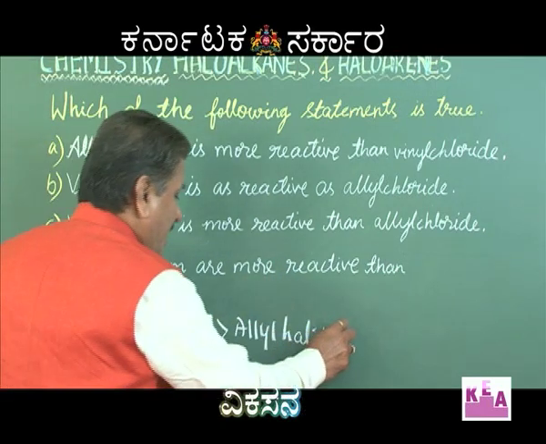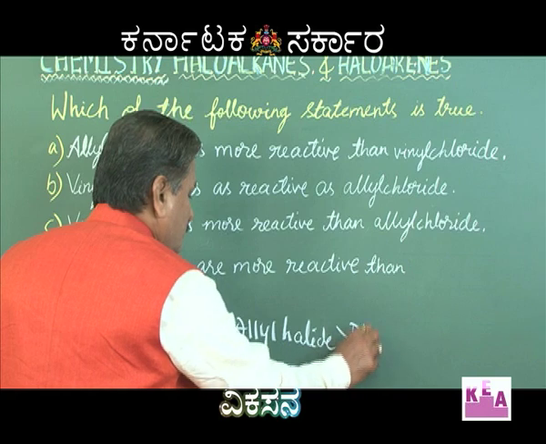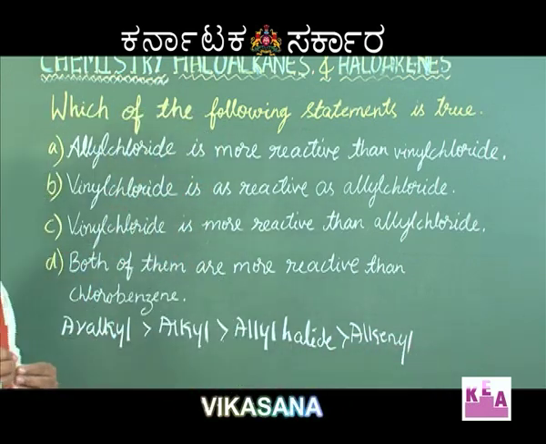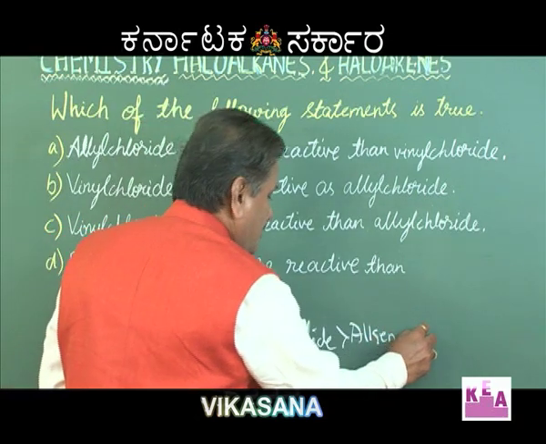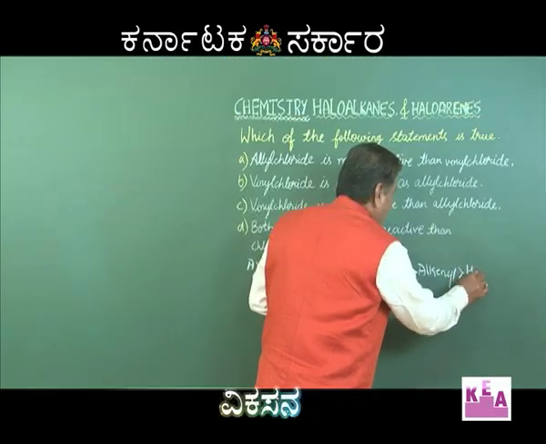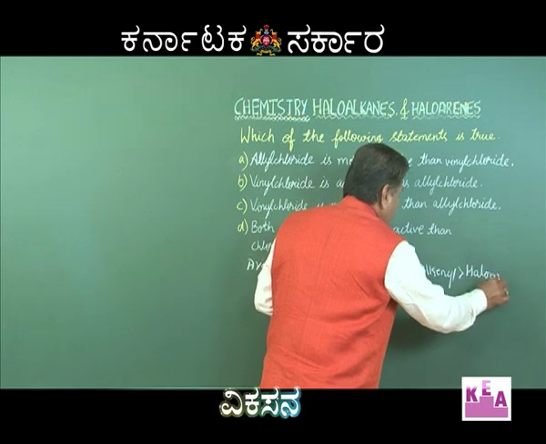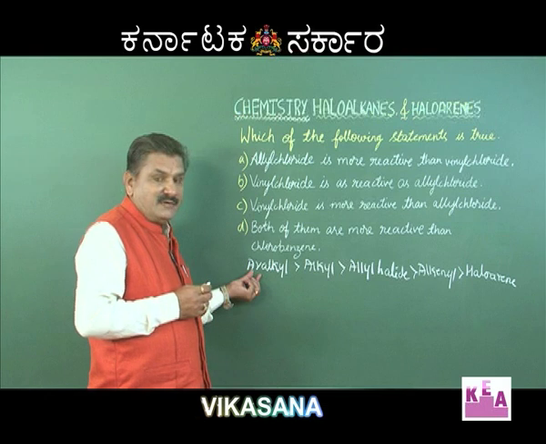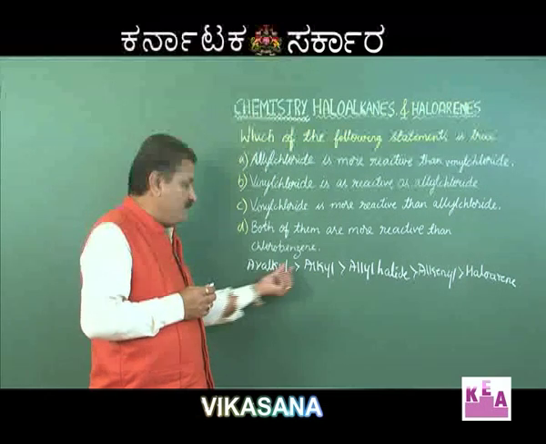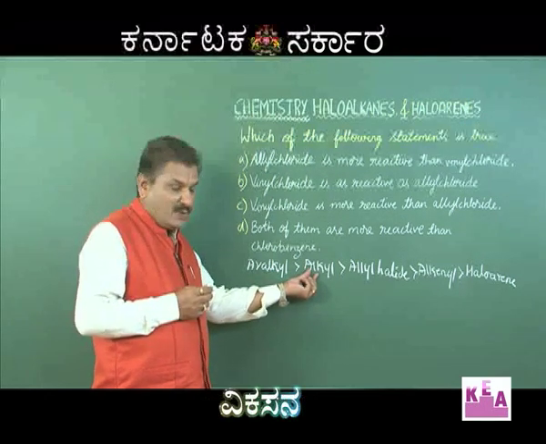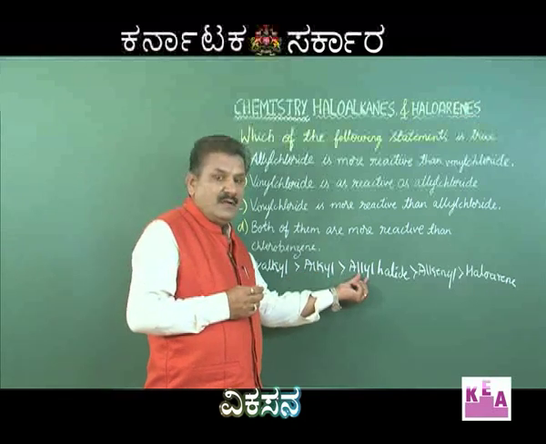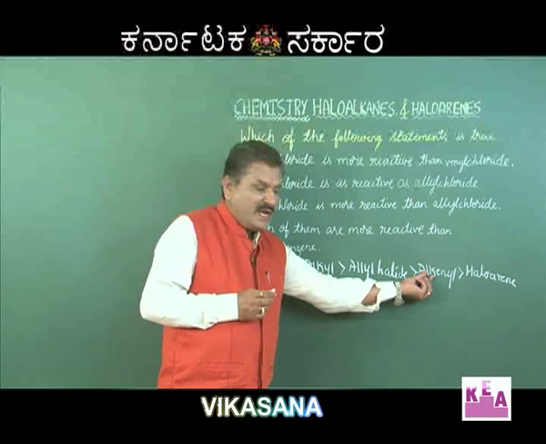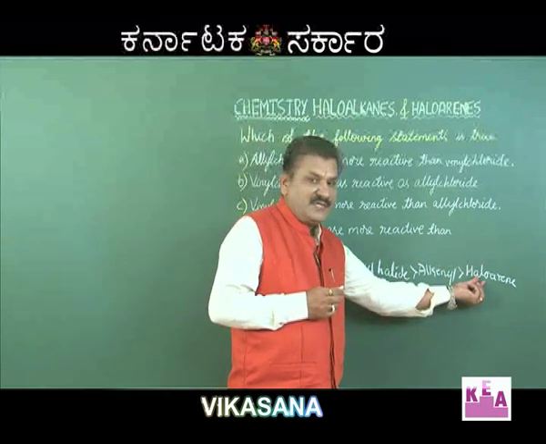Allyl halide is more reactive than alkenyl halide. Alkenyl halide is more reactive than haloarene. The examples are benzyl chloride, ethyl chloride, allyl chloride, vinyl chloride, and chlorobenzene.